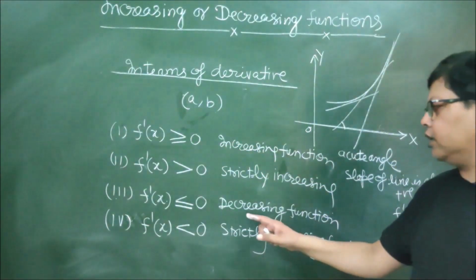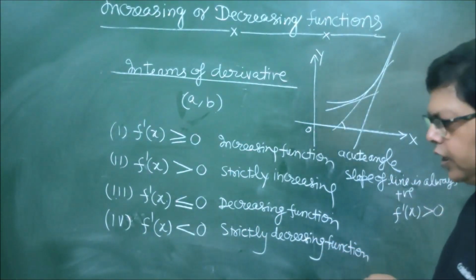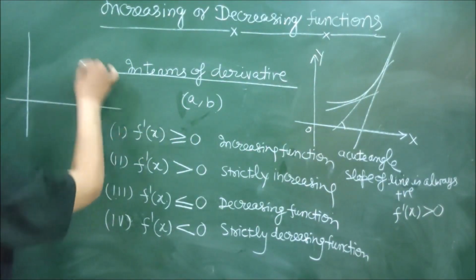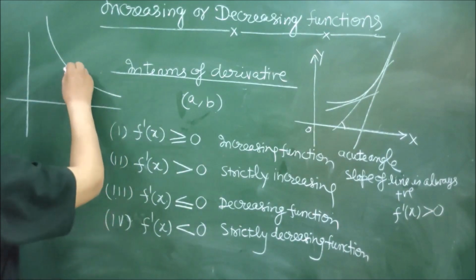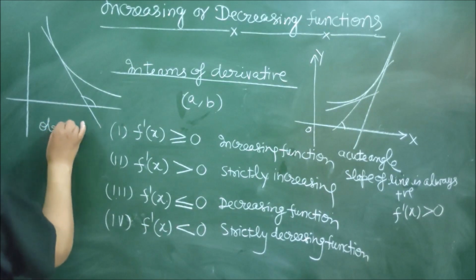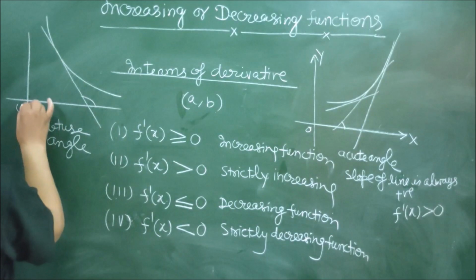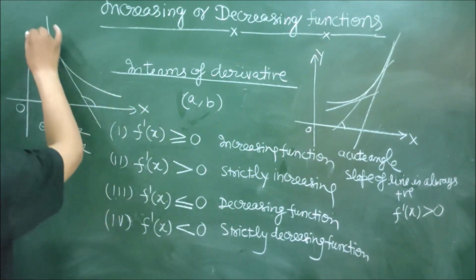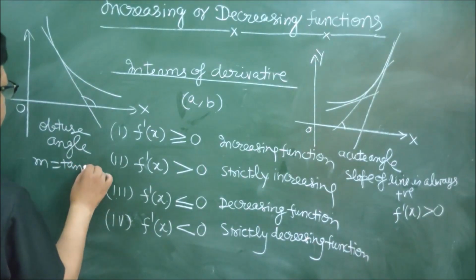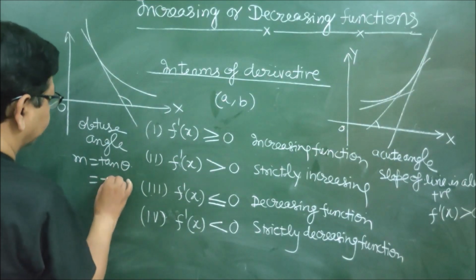And if we draw the graph of a strictly decreasing function, it is like this. In that case, if we draw the tangent at any point, it makes an obtuse angle with the x-axis. And if the angle is obtuse, then the slope m is equal to tan theta, and theta is an obtuse angle, so the slope is negative.